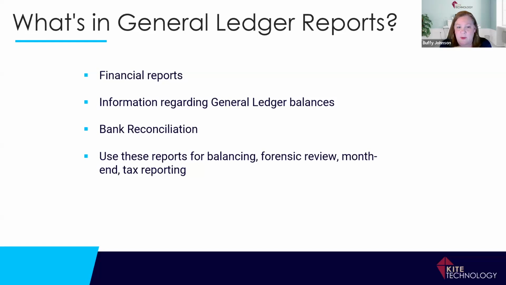So here we have our financial reports, which are typically considered as your income statement, your balance sheet, status of accounts report, which is like the old school general ledger report that is basically every debit and credit to every GL account in your system.